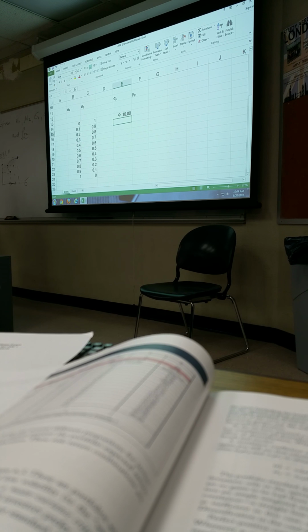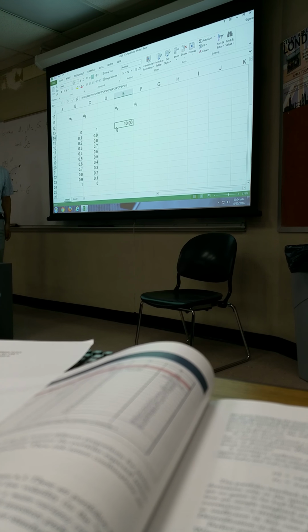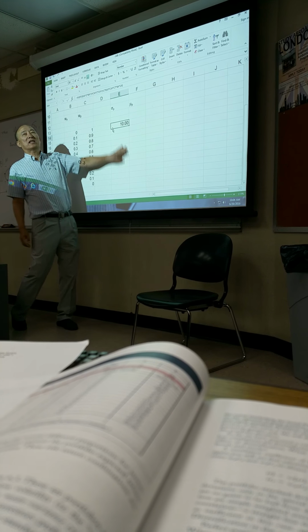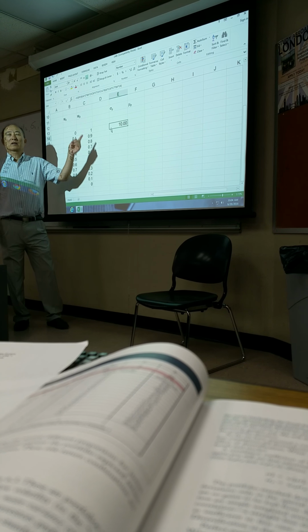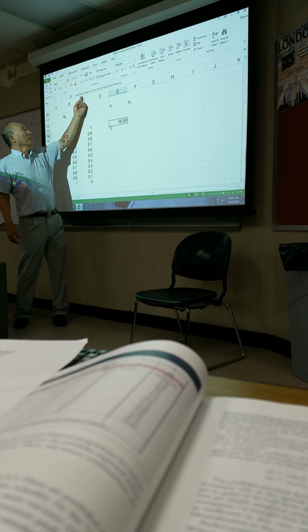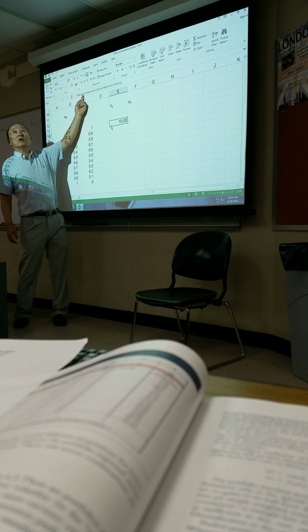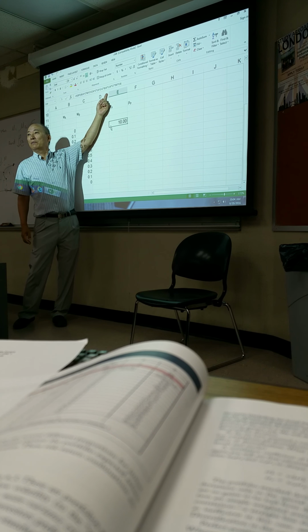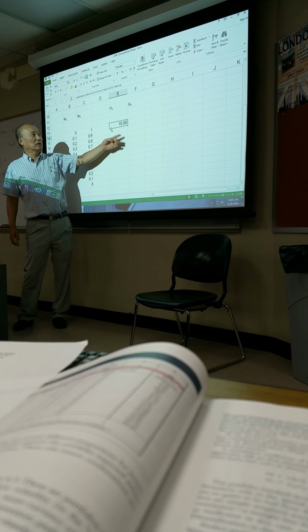So now, instead of repeating this over and over, when I pull this down, what is changing here? All the numbers. This is the 14th row, right? This is the 4th row, right? Everything will be changing.